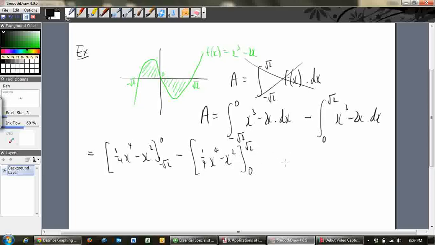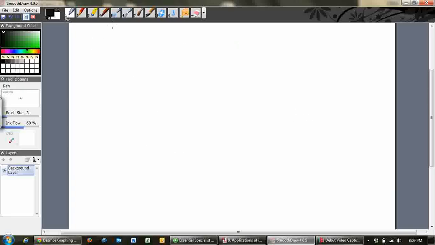In fact, I'm not going to do it. Just evaluate that and you'll get your area in units squared. So that's how you do it if you've got functions that go up and cross the x-axis and that sort of thing.